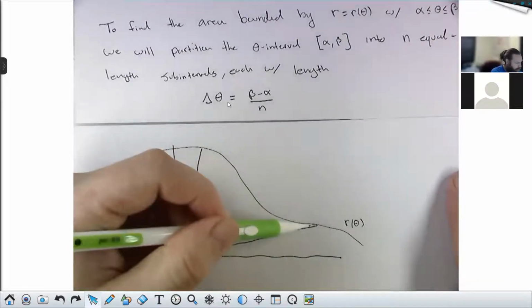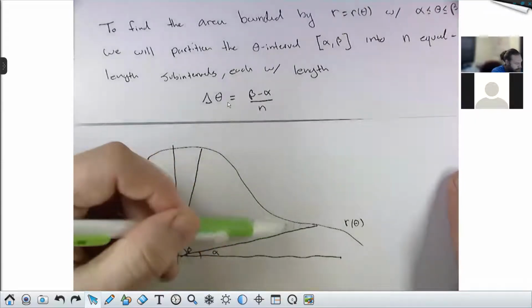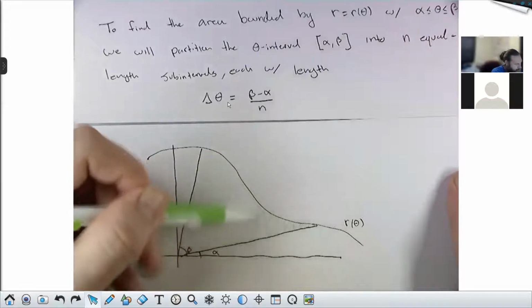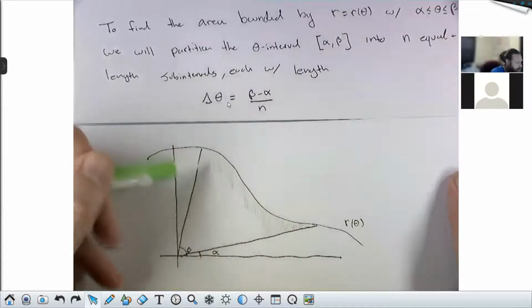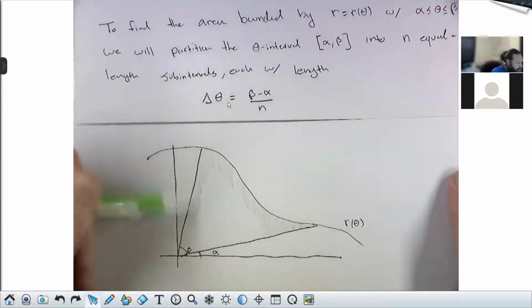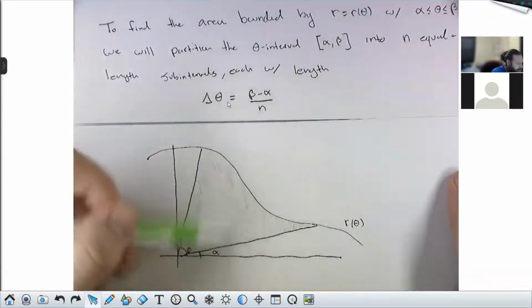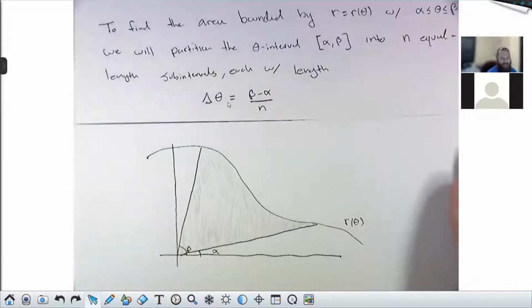And the area I'm after is all of this. So sort of the area inside the polar curve.